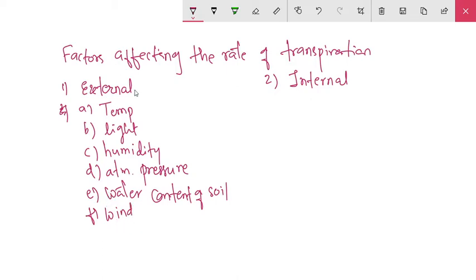These are the different external factors which affect the rate of transpiration.